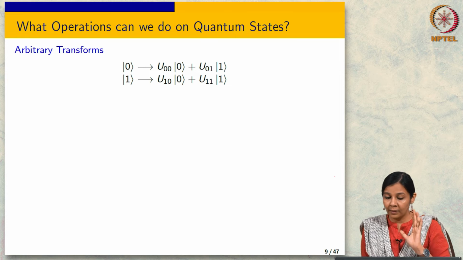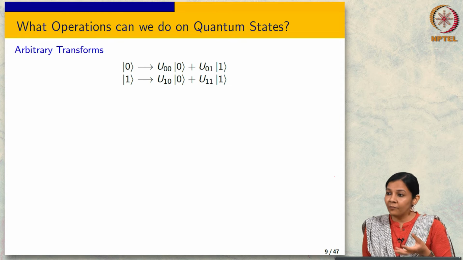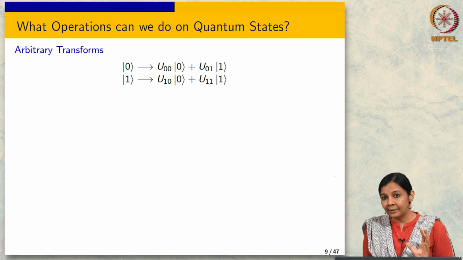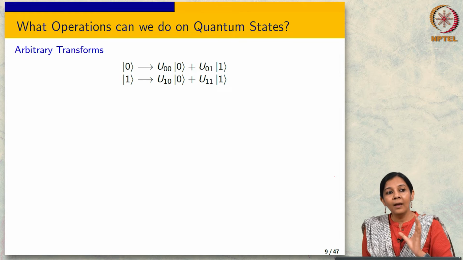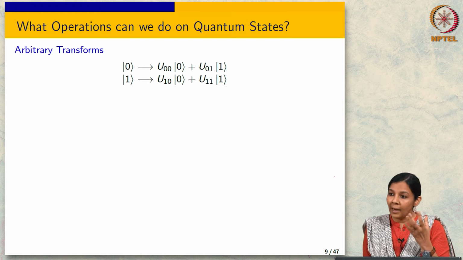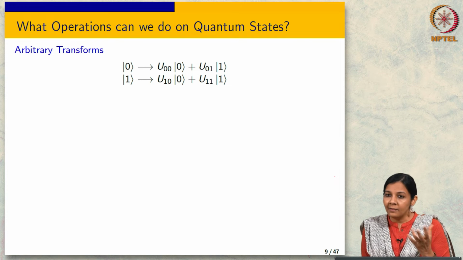So now one basic thing that we might ask for just as a sanity check is that if I perform any operation on a qubit, this normalization should not die, right? It cannot be a valid qubit if the normalization goes away.